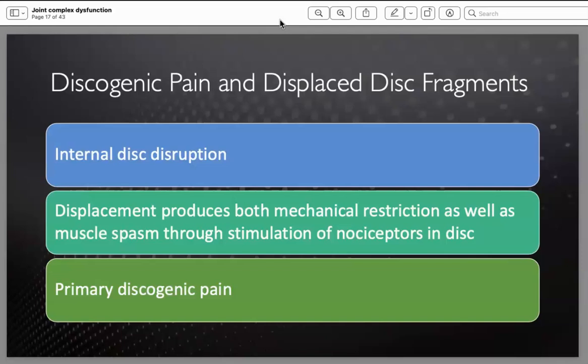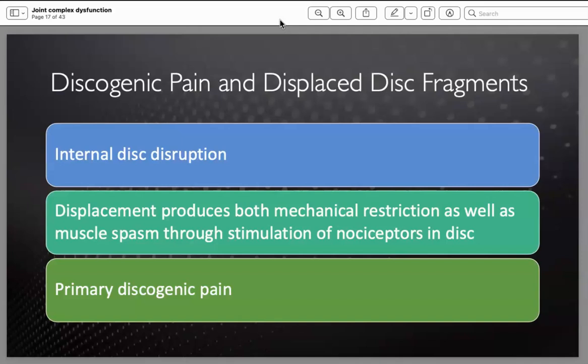From an intervertebral disc standpoint, we can have primary discogenic pain incorporated with some sort of displaced disc fragment. This is typically an internal disc disruption or derangement, which is the word that we like to use. Now, when you think of displaced disc fragment, we're not talking about protrusion leading down into the spinal column, et cetera, right?